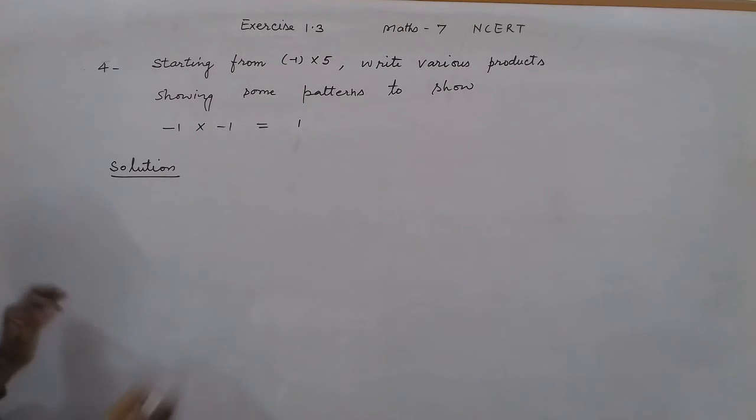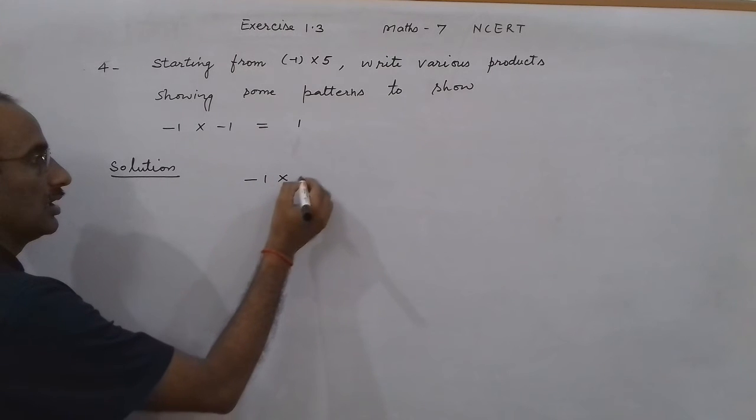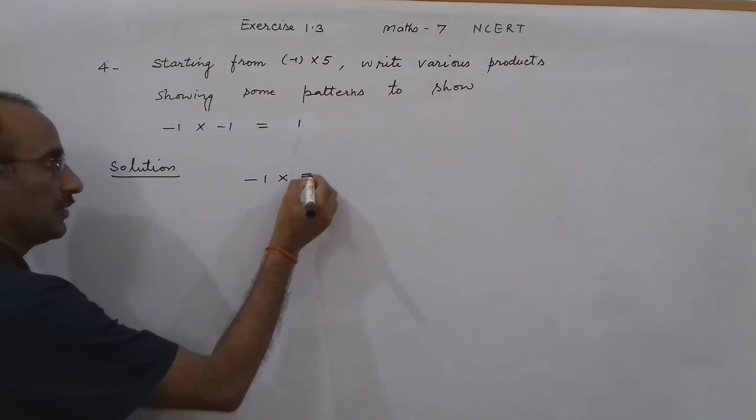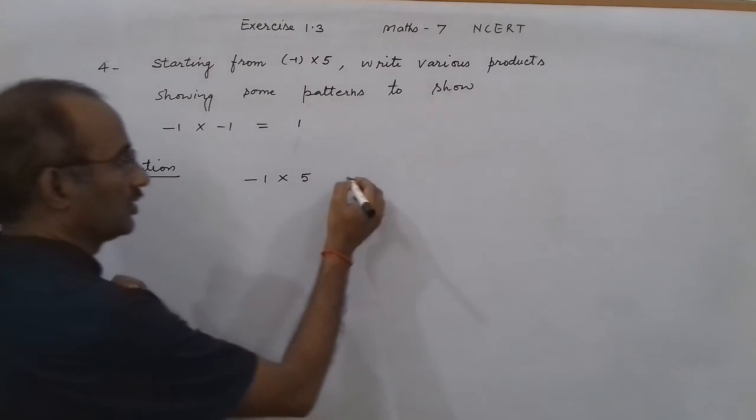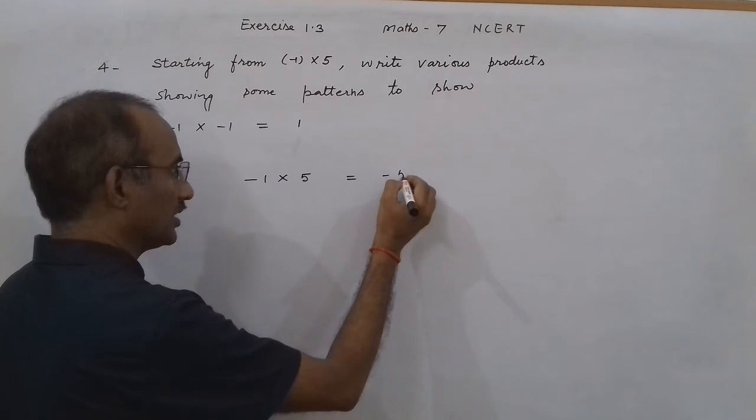Here we have -1 multiplied with 5. So here we get -5.